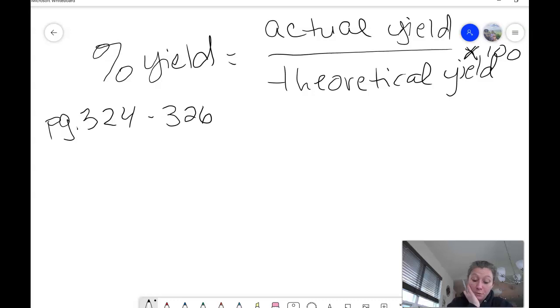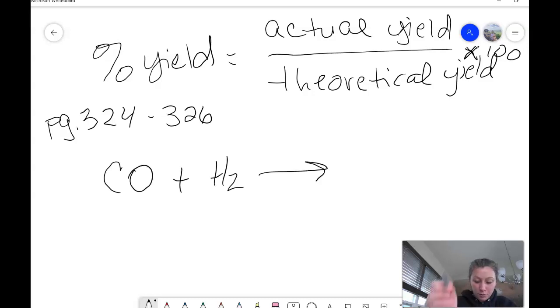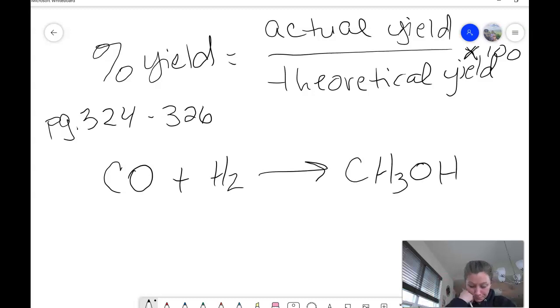It says methanol can be produced by the reaction between carbon monoxide and hydrogen. So carbon monoxide and hydrogen produces methanol, and we're going to write out that equation. The book gives it to you. If we balance it, we've got 2 hydrogen plus 1 carbon monoxide yields methanol, which is an alcohol.